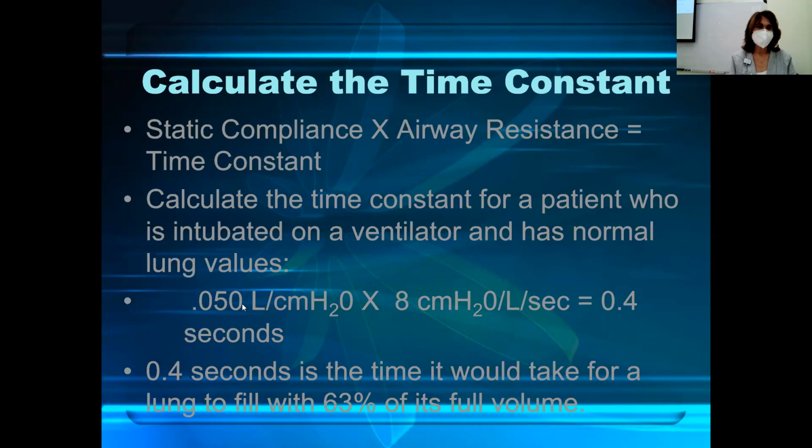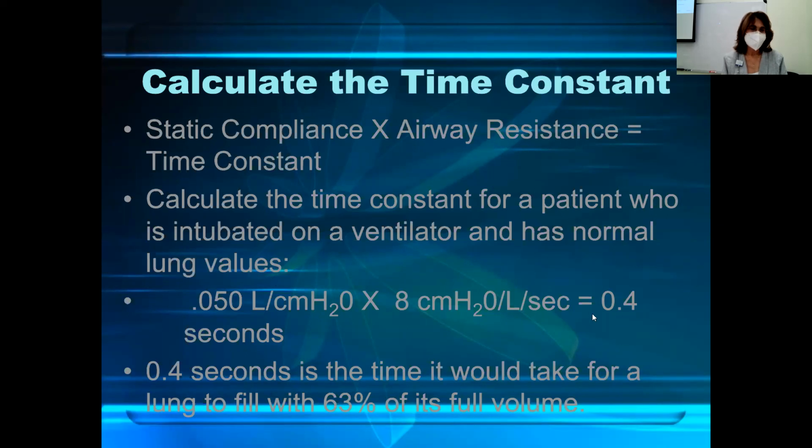So instead of this saying 50 mLs per centimeter of water, it's 0.05 liters. So that's static compliance. Multiply by airway resistance. Here it's 8 centimeters water per liter per second. So these numbers are considered normal. And we come up with 0.4 seconds.